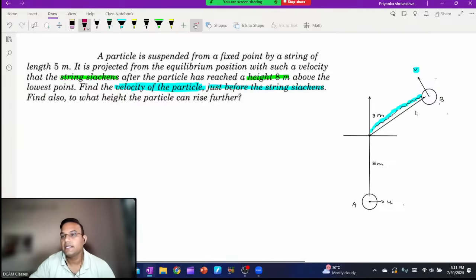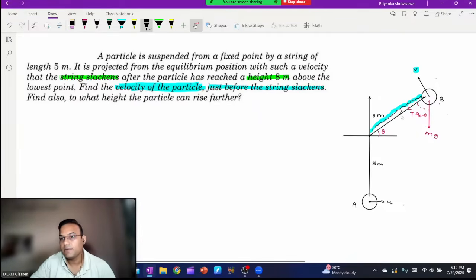So the biggest hint here is you can make a tension equation. Mg will be acting downwards. Suppose this is angle theta, so this will be 90 minus theta. The tension is acting this way.